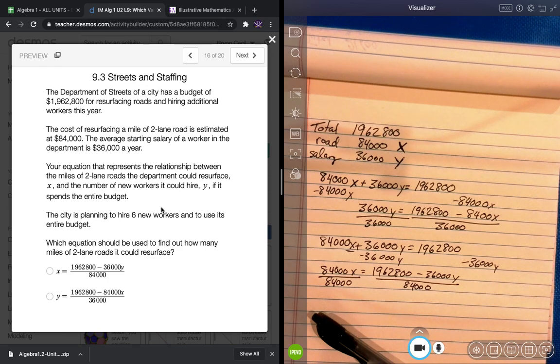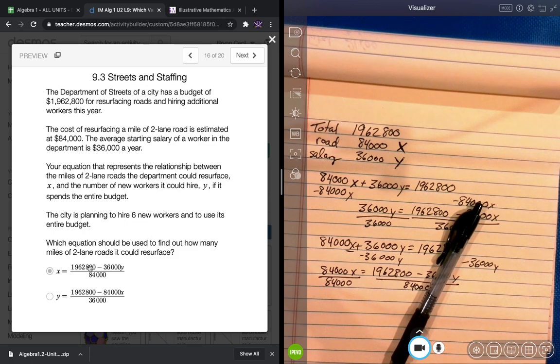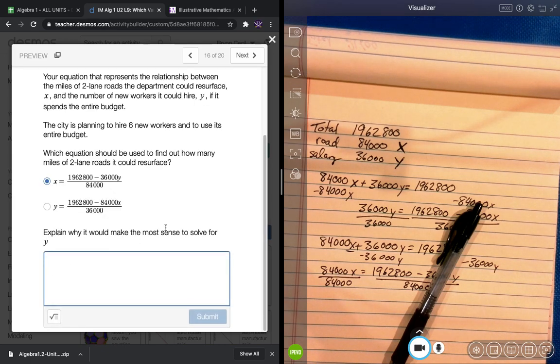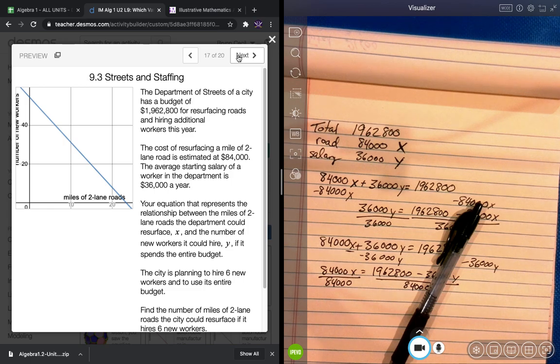We know the amount of workers, so we would use this top equation because we're solving for the amount of roads, and we're plugging in the y. So it should be this one, okay? The reason why, people, is because it says x equals. So you want to know that is equaling the amount of miles that you could have. So you want it to say x equals if you know what y is. And we do know what y is. It's 6.